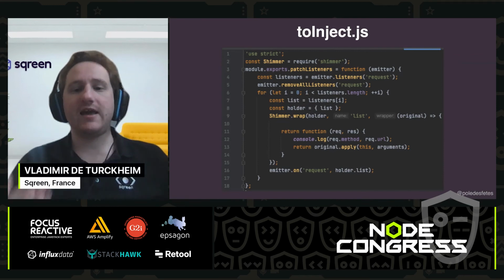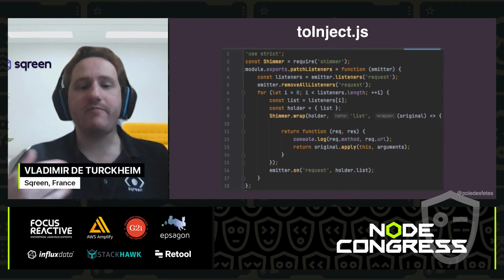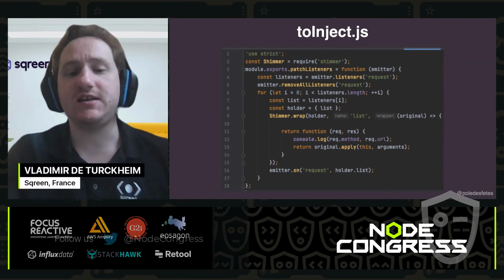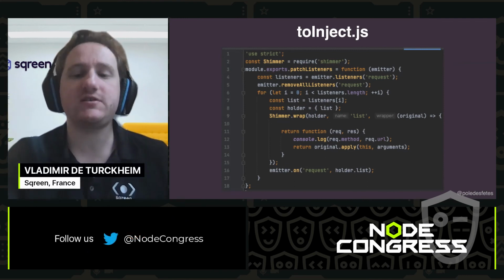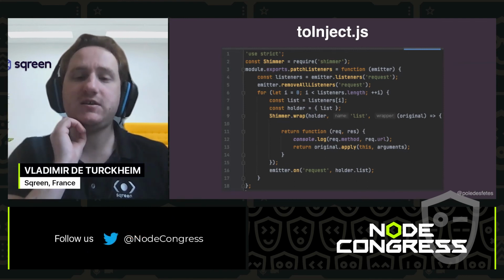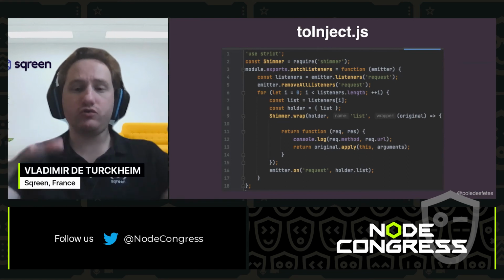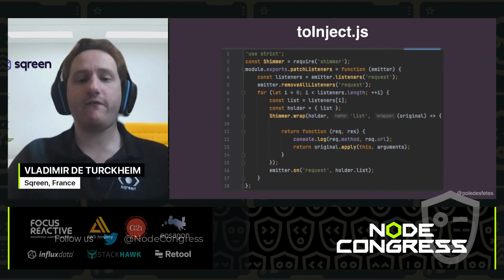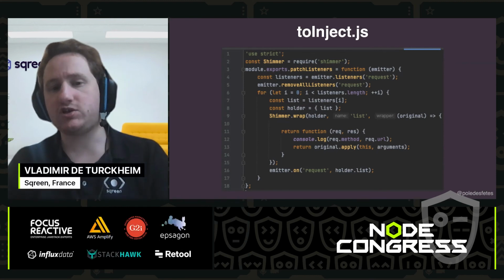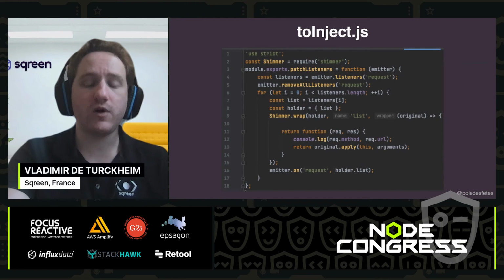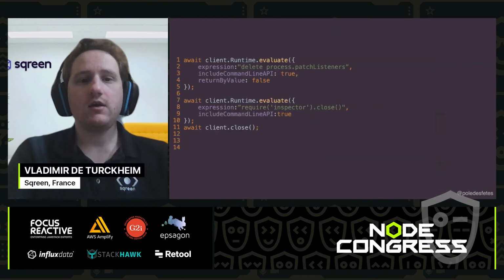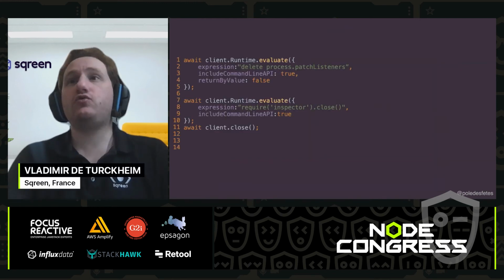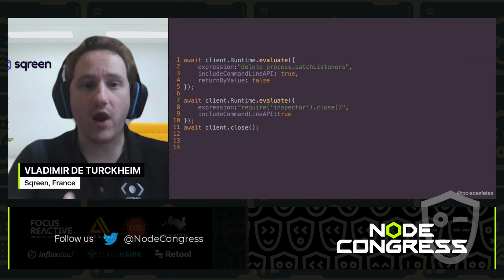And then on line 16, we put back these listeners in the same order they were on the event emitter. So we just replace all the listeners of the request event by our function that calls the original listener, but logs what gets in it. Okay, and that's actually how the demo I did worked.